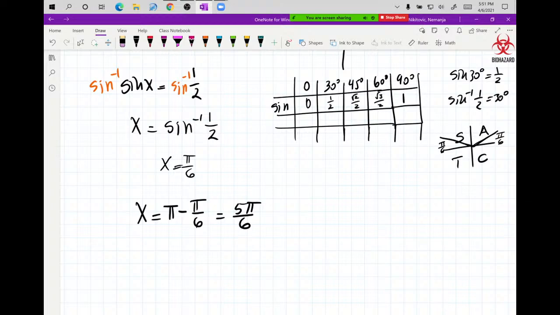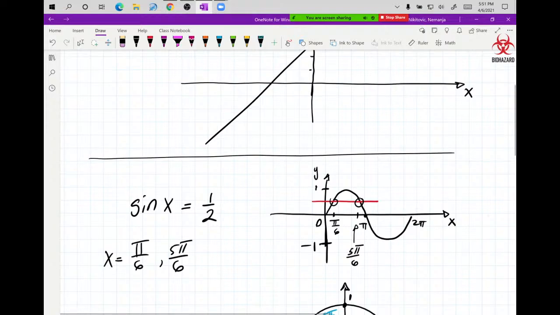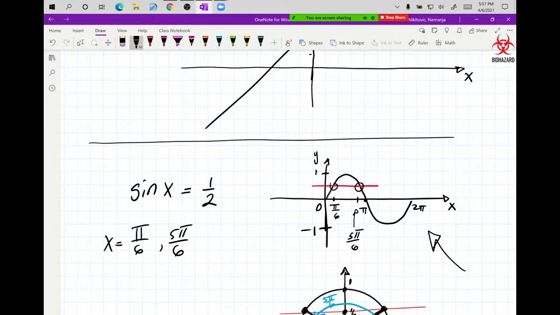So now you have seen 3 different ways to solve the problem, and you are supposed to get 2 solutions on this one. The easiest probably, and the one that I use the most, is this one, obviously, because it's the graph and you can just quickly see everything on it.